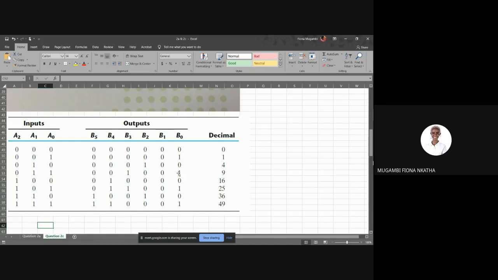We can see that B1, this whole line for B1, is zeros, yes? And we can also see that this whole column for B0 is the same as the column for A0, yes? So it means that you can come up with a simpler truth table.